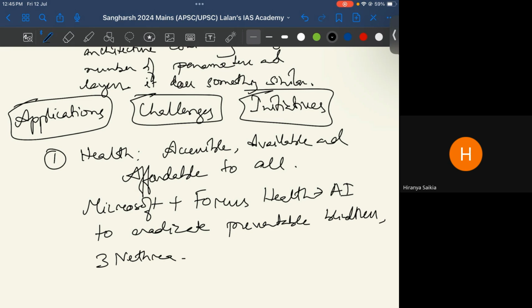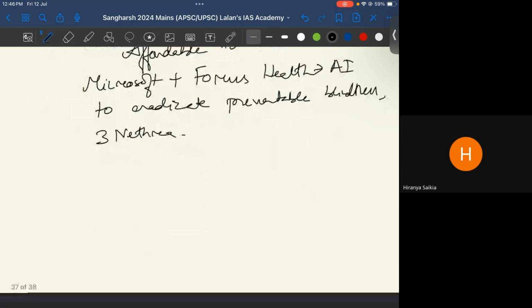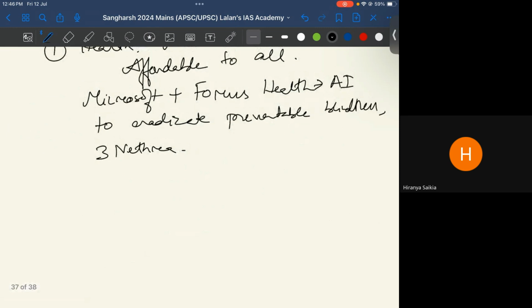Early detection, diagnosis, decision making, treatment, and beyond treatment protocol, training and research, AI will be quite a good use.